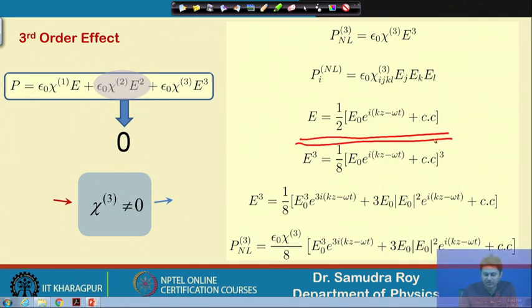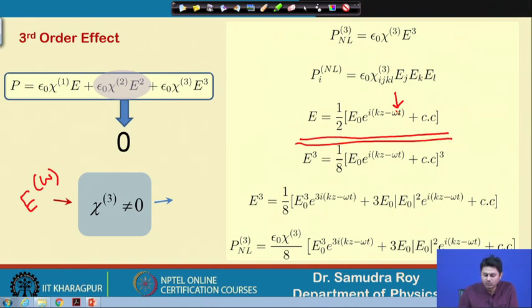This is a standard plane wave form, half E 0 e to the power i(kz minus omega t) plus the complex conjugate of that quantity. That means I am launching an electric field with frequency component omega, a plane wave, into this particular system.